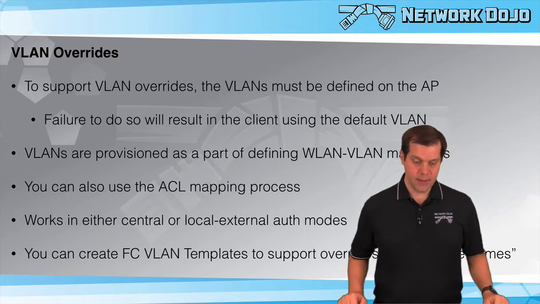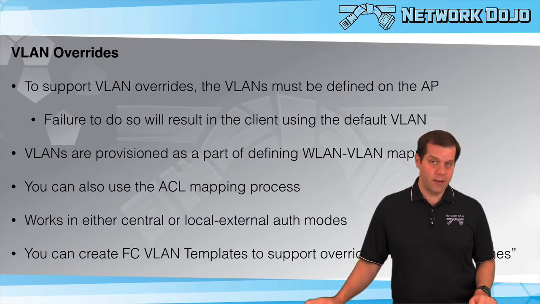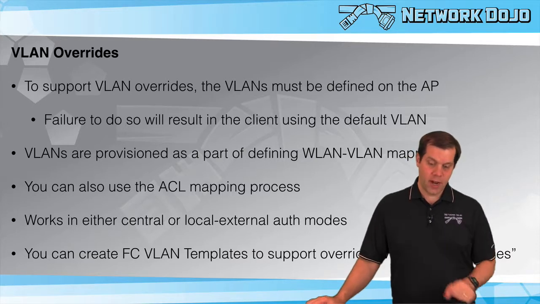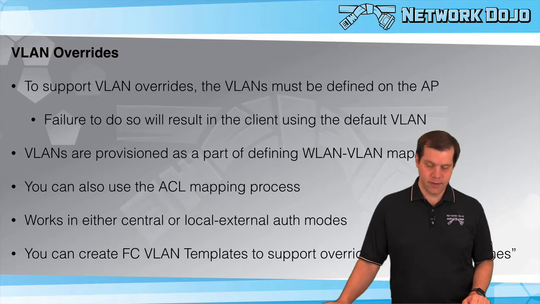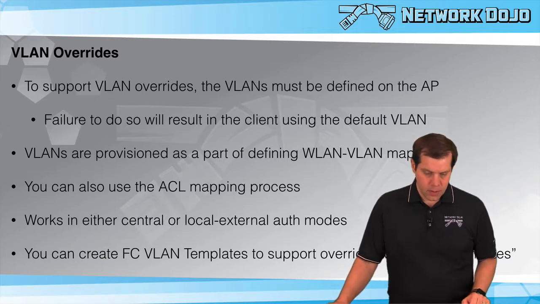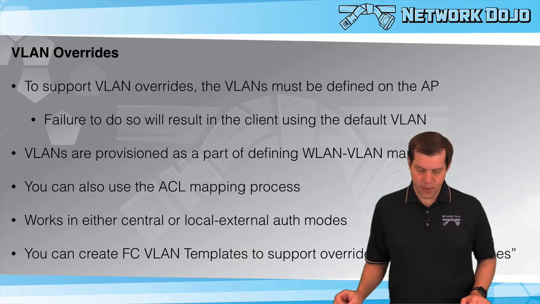So same deal here. We just need to know how we get VLANs onto our APs. If we try to override onto a VLAN that doesn't exist, it'll just use the default VLAN assigned to the WLAN. There are a few different ways that VLANs are provisioned out to our FlexConnect mode APs.